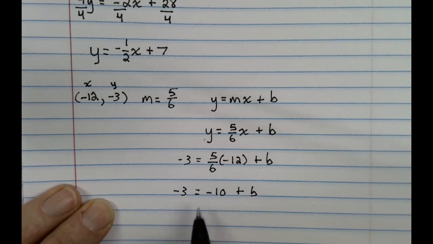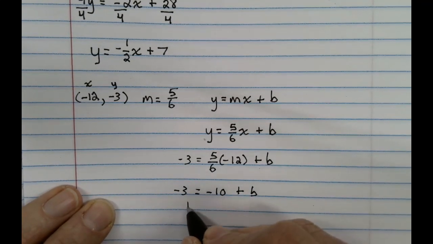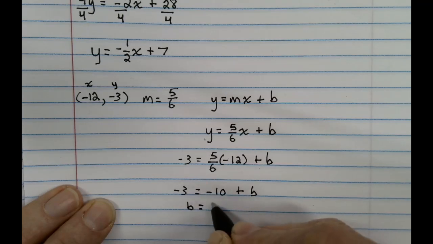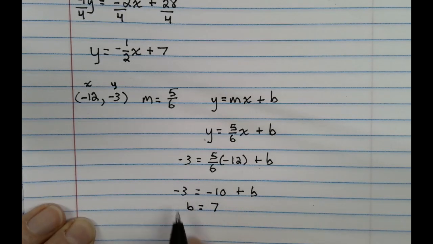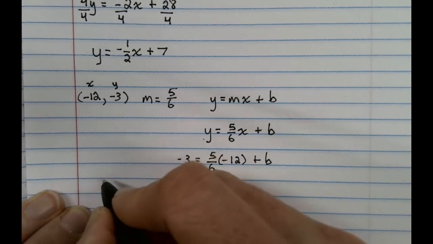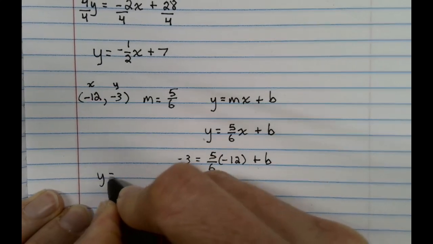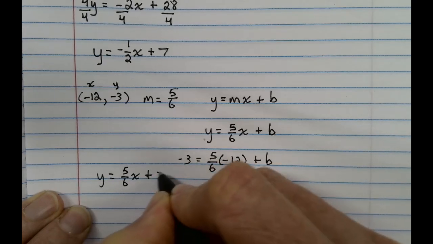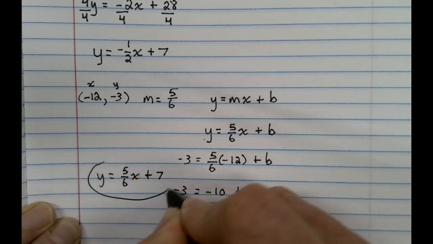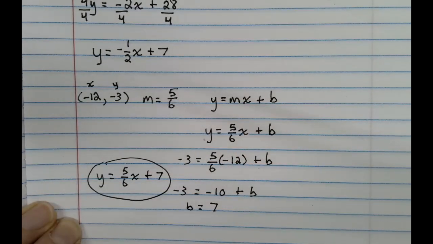Then to solve for b, I just add 10 to both sides. So b is going to be 7. And that means the final answer is going to be y equals 5 over 6x plus 7. That's going to be the final answer.